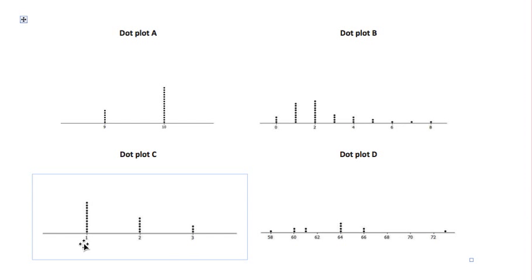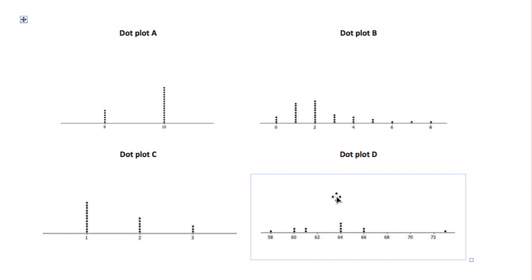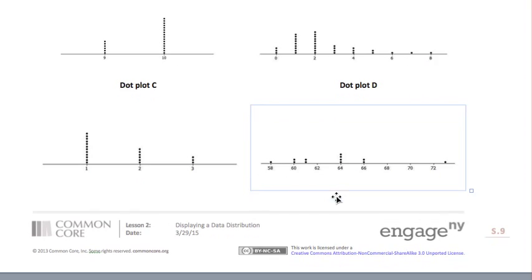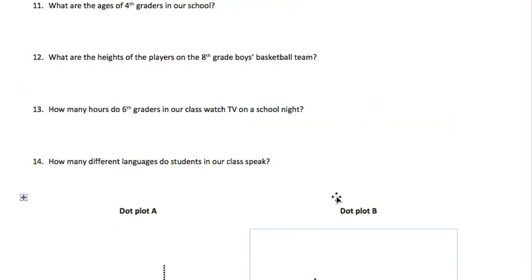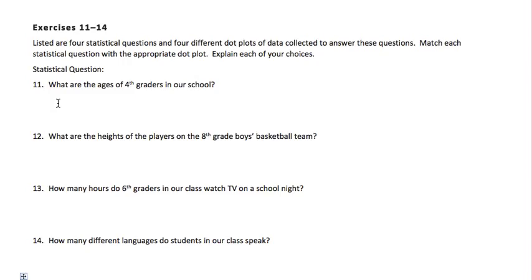Dot plot C ranges from 1 to 3, with most of the data at 1. That doesn't make any sense either. And dot plot D ranges from 58 to 73, which again doesn't make any sense whatsoever. So dot plot A, because most students in 4th grade are 9 or 10 years old.